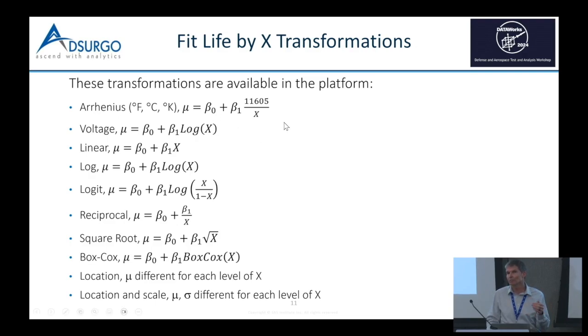We know this from physics, so we're tying what we know to what we don't know, and you're going to see that is a big theme for a lot of these models. We could also do any of the other transformations, but by and large, most accelerated life tests are done with Arrhenius for temperature and log otherwise, because log is like a power model.